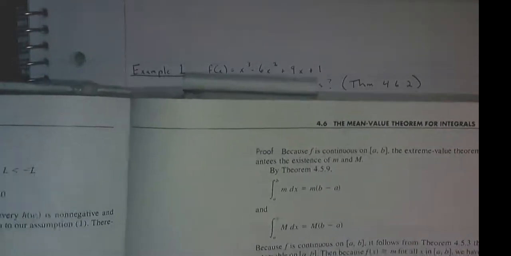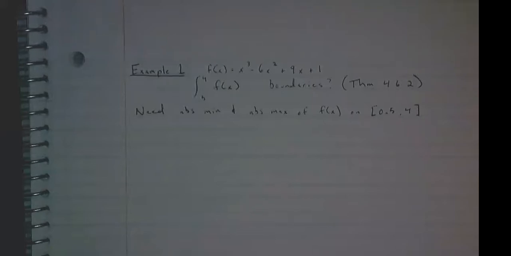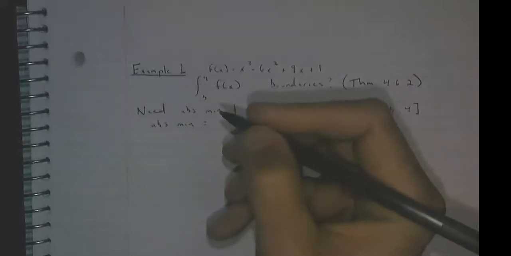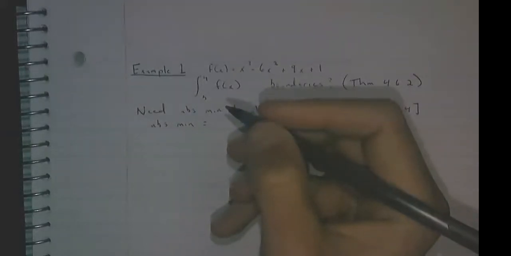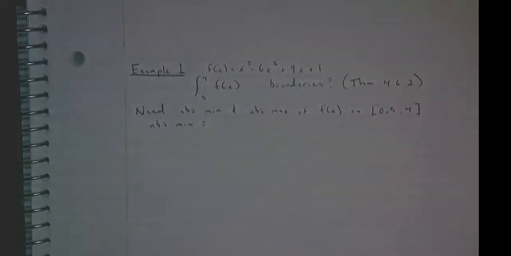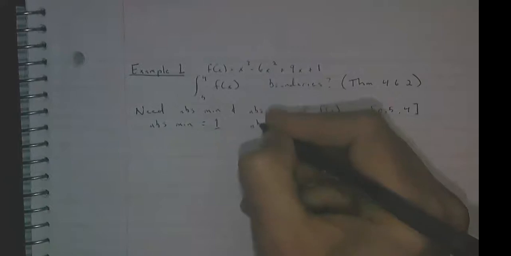Anyway, so the absolute minimum is equal to 3. No, sorry, is equal to 1. And the absolute maximum is 5.